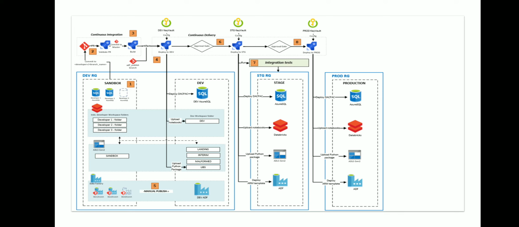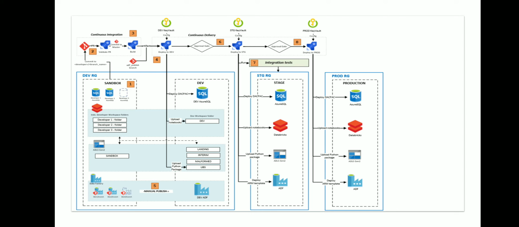The rest of the things, from the ARM template deployment of ADF, uploading the Python packages, uploading notebooks, and deploying the data tier application package, are all done in an automated manner to the production resource group.